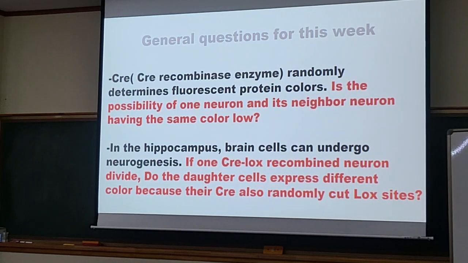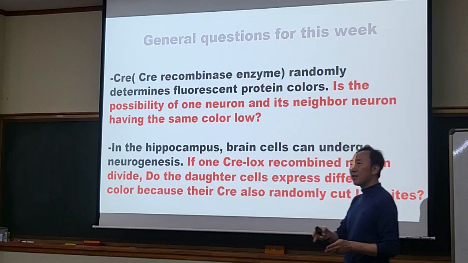And the Cre-Lox system can generate a rainbow, where it's unlikely for a neighboring neuron to have the same color. Cre is one enzyme and lox is the recombination site system.